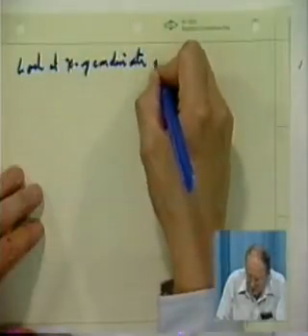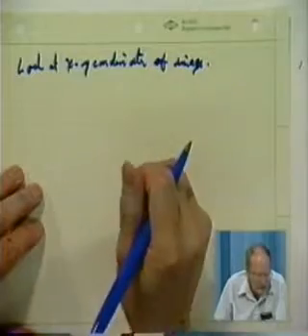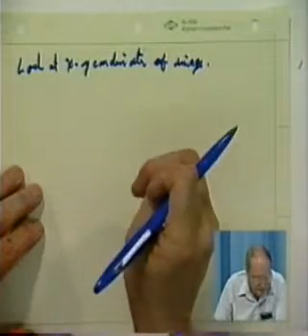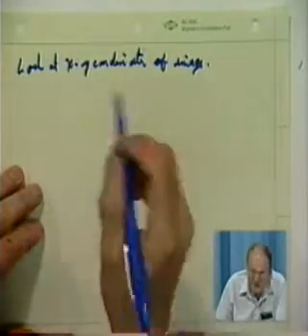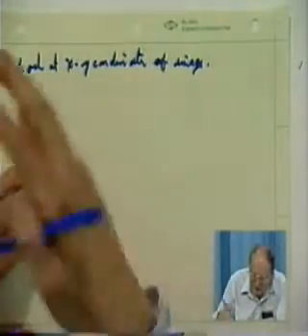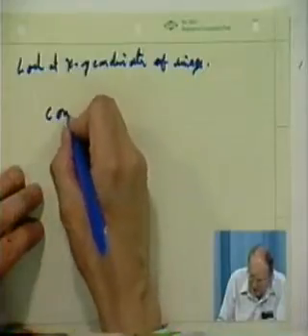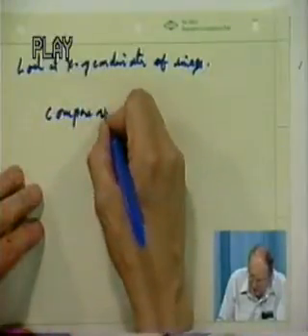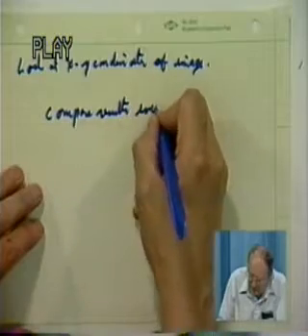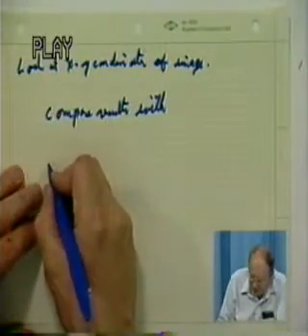Again, this is in Goodman. If we go through here, what we want to do is keep track of the xy terms, and we want to compare the results with the spherical wave off-axis position.